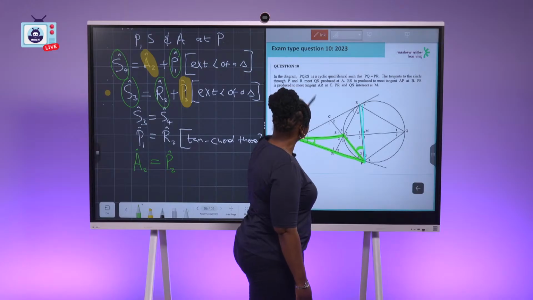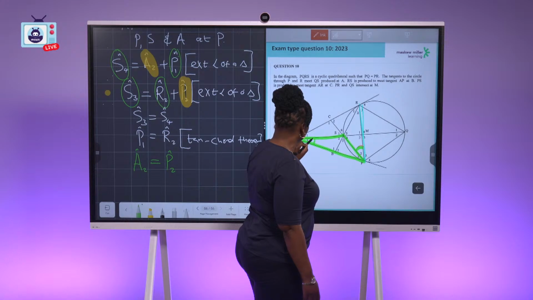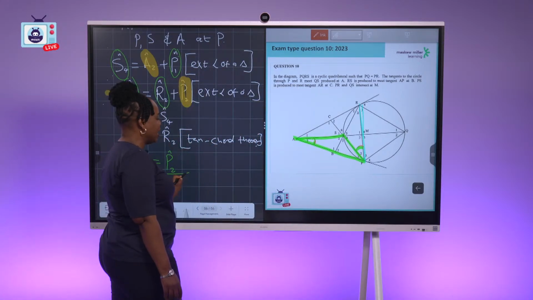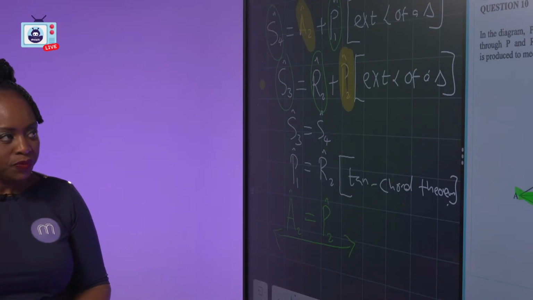If I can prove that these two are equal, then it means that is a tangent, which is what we have proven there. So A2 is actually equal to P2, right?